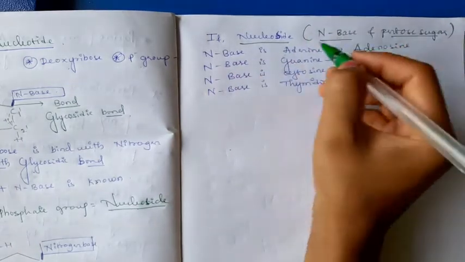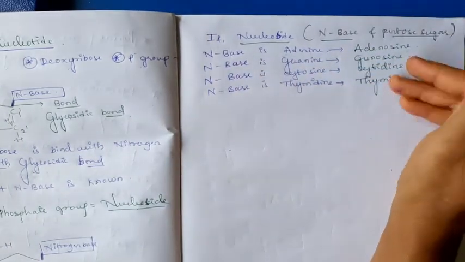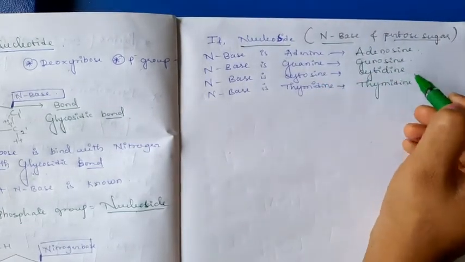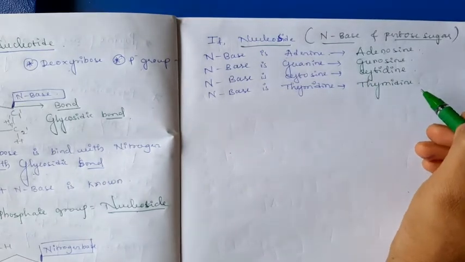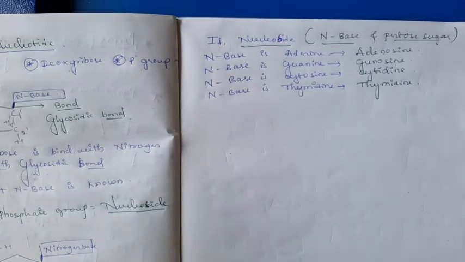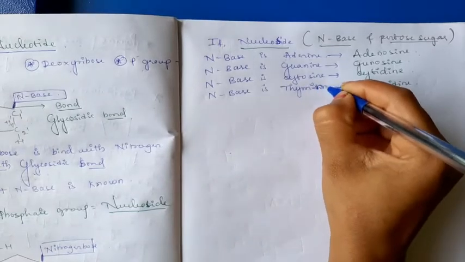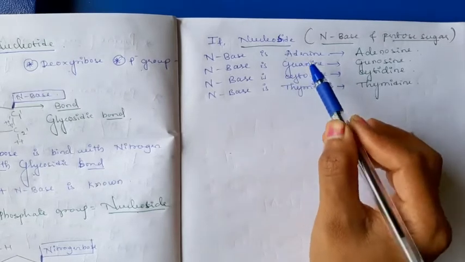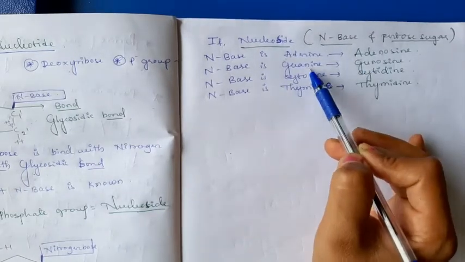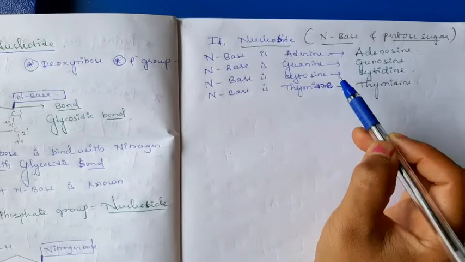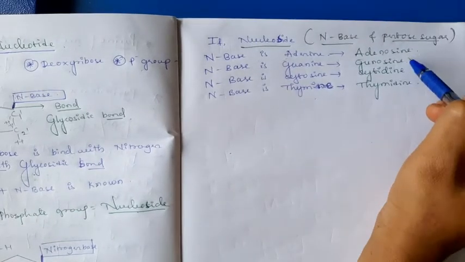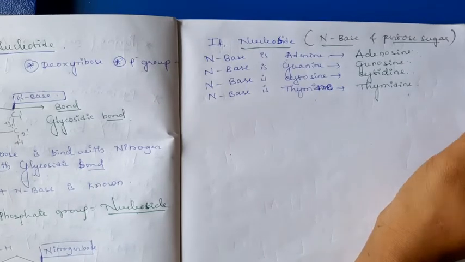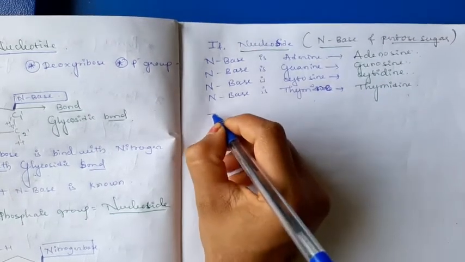The name of adenine changed to adenosine, guanine to guanosine, cytosine to cytidine, thymine to thymidine. Okay, you have to remember this one. Adenine, guanine, cytosine and thymine are the nitrogen bases. Adenosine, guanosine, cytidine and thymidine are the nucleosides.